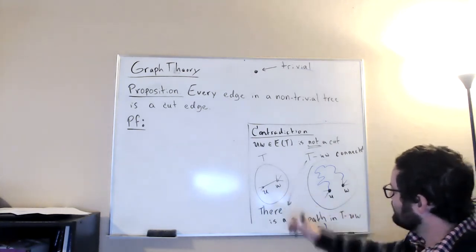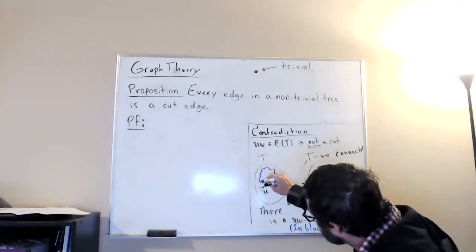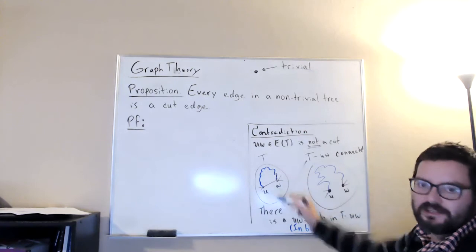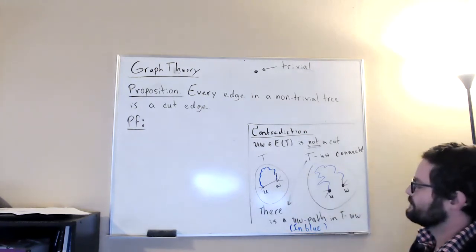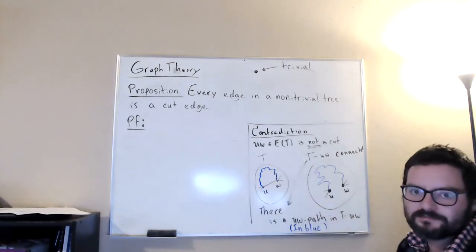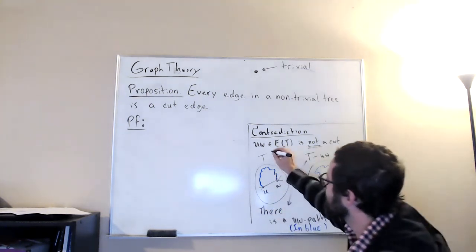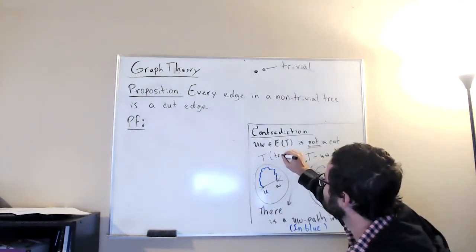But then, if we look at that path in T, what happens? Why is that bad? By the way, what is T? T is a tree.